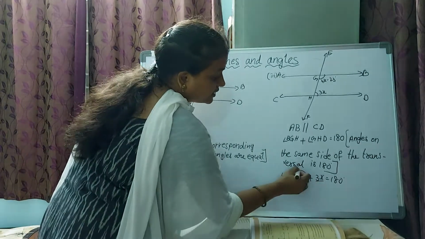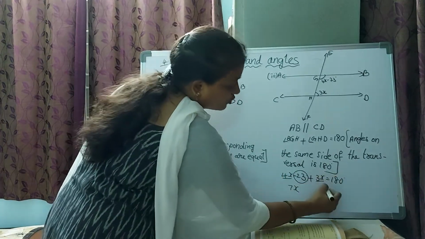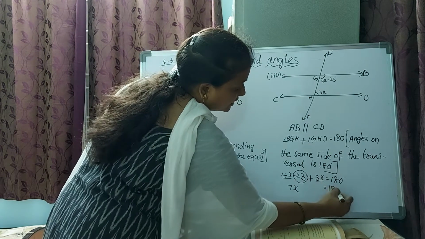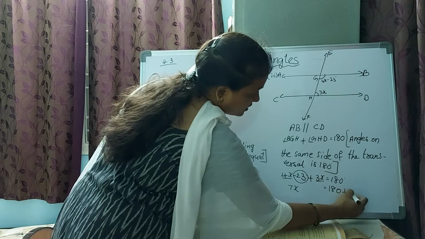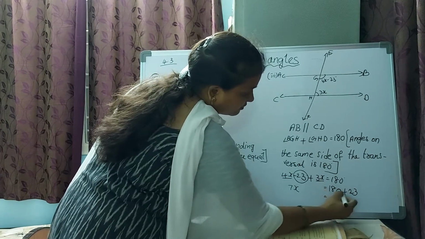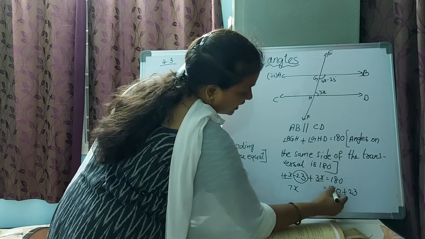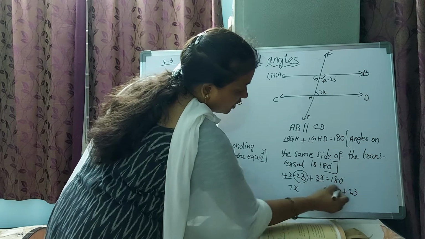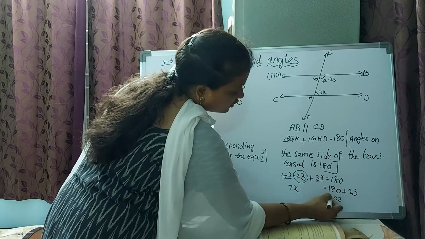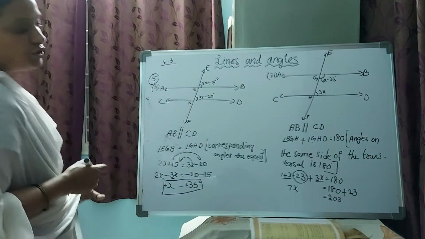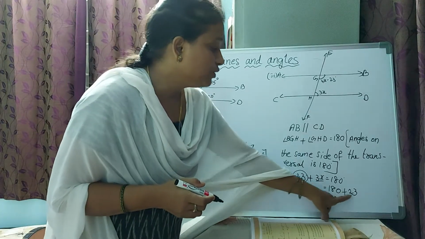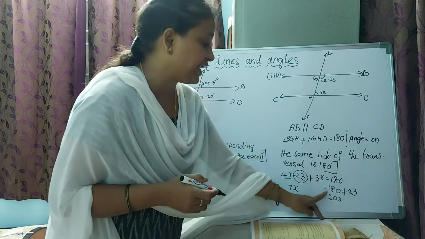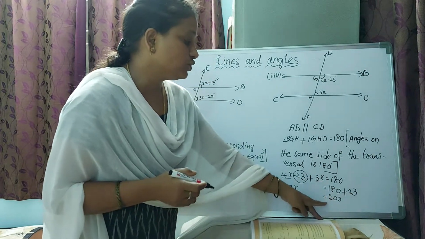Take this constant term and transpose it to the right hand side: minus 23 becomes plus 23. 180 plus 23 is 203.